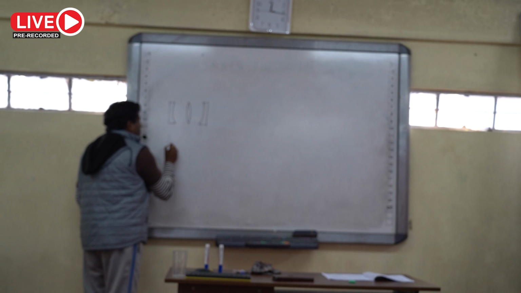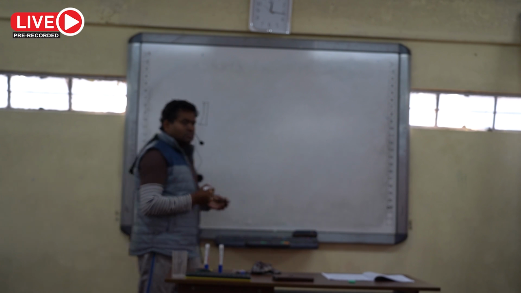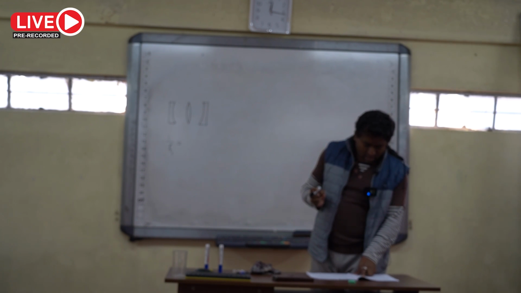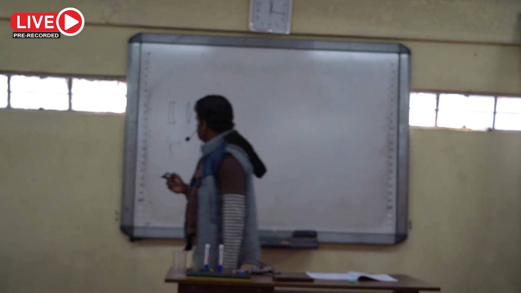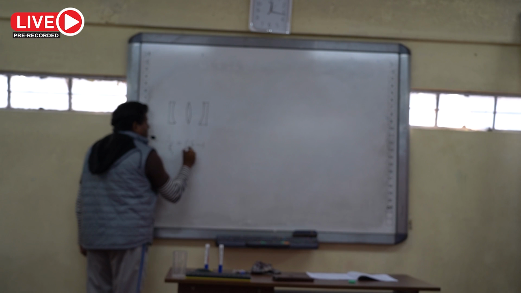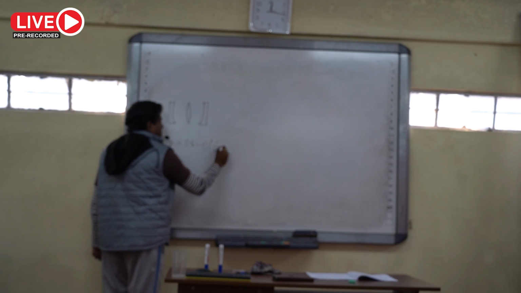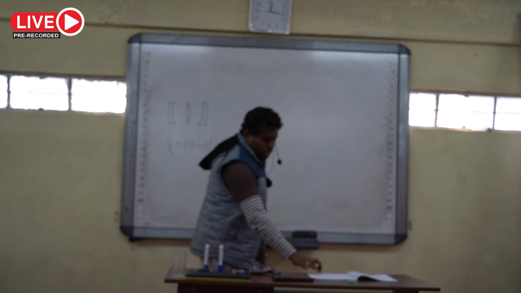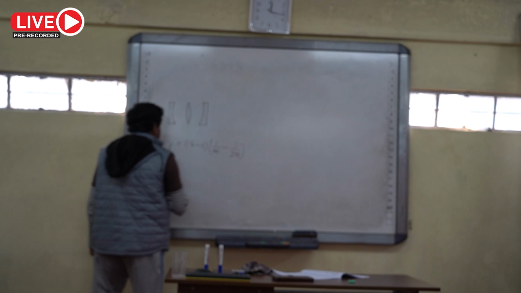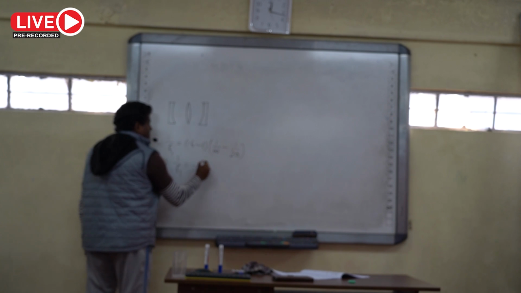For first one, 1 by f1 equals (mu2 by mu1 minus 1). Refractive index is given 1.6, and it is coming from air. So it is (1.6 minus 1) into (first surface infinity, second surface 20 centimeters, that is 1 by 20). So for this 1 by f1 will become minus 0.6 by 20.